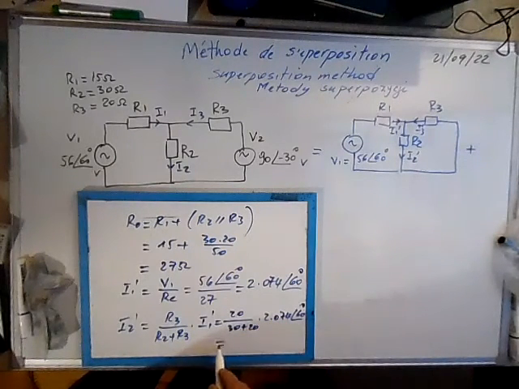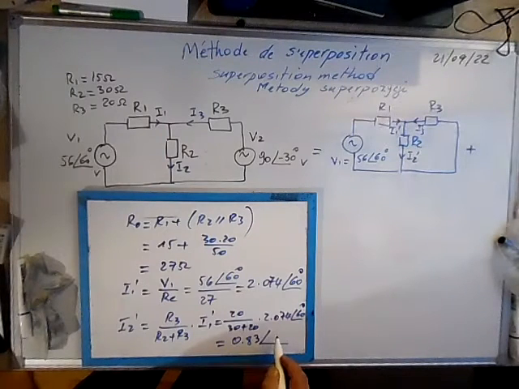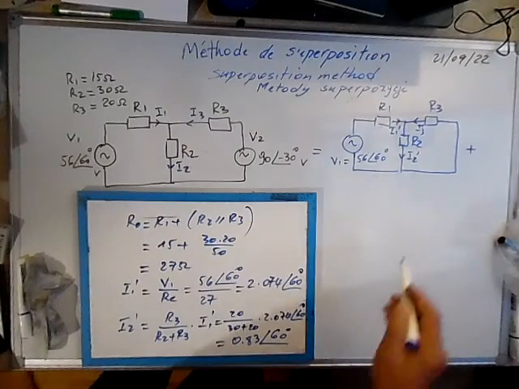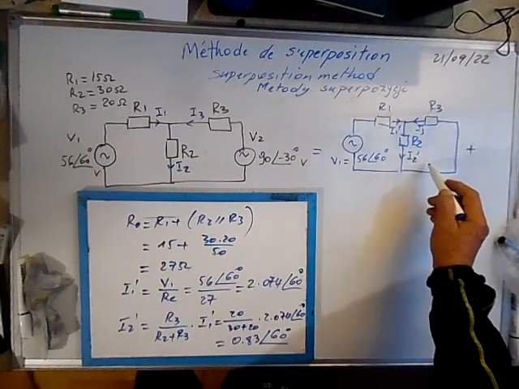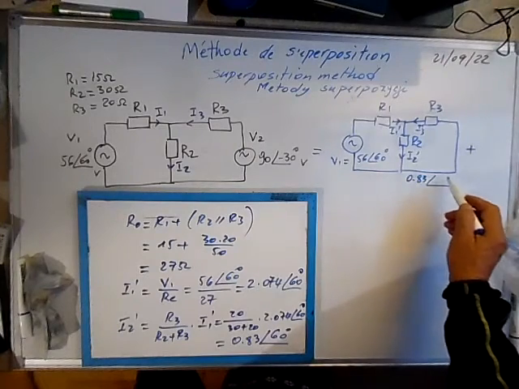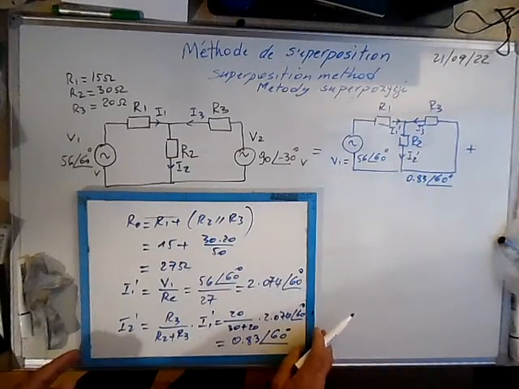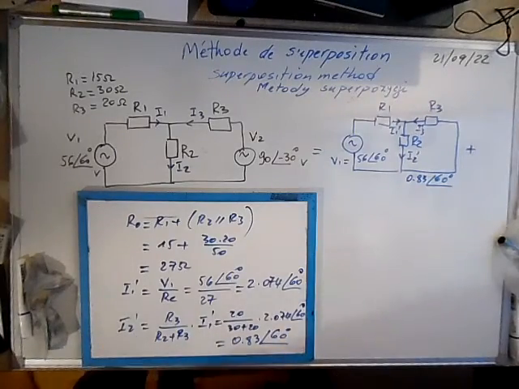So this current is 0.83 at 60 degrees. So we write it here: 0.83 at 60 degrees.